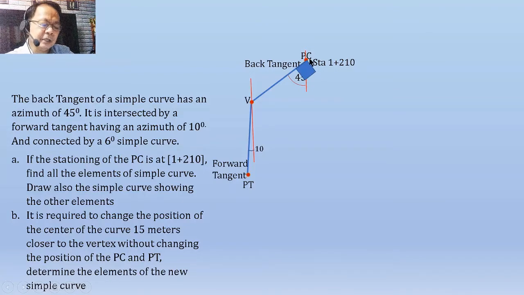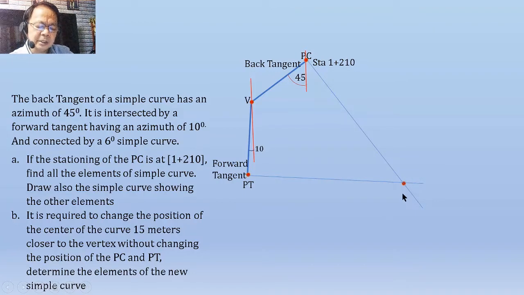Then starting from PC, mag-drawing tayo until we establish the direct location of our center. So dito sa line ito, we will be able to establish where is the location of our center. Similarly, mula dito sa ating PT, mag-drawing tayo ng perpendicular line and then the intersection of these two lines will serve as our center, yung gitna ng ating curvature.